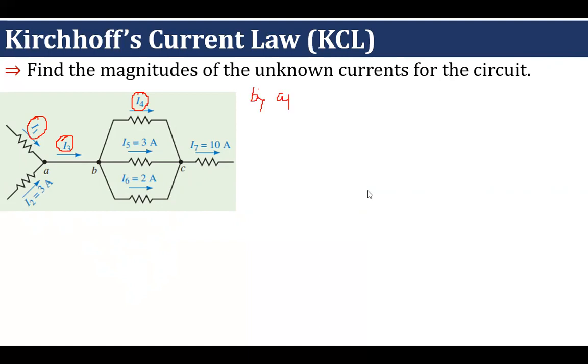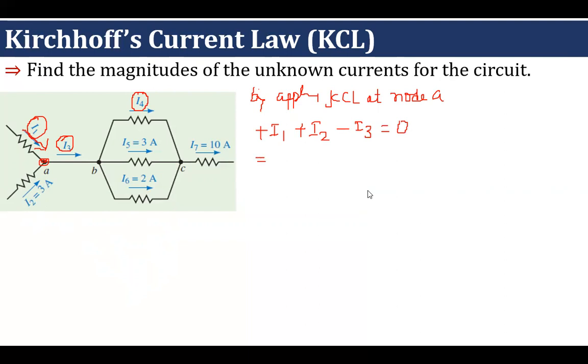So by applying KCL at node A, what can we write? Plus I1. Why plus I1? I1 is coming to the node, so it will be plus. Plus I1 plus I2, it is also incoming current, minus I3 is equal to 0.